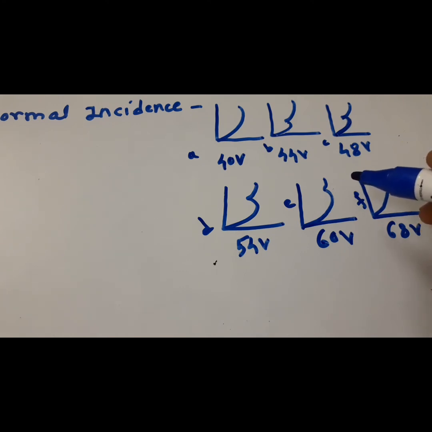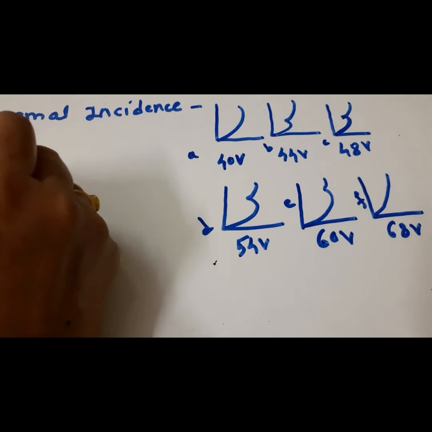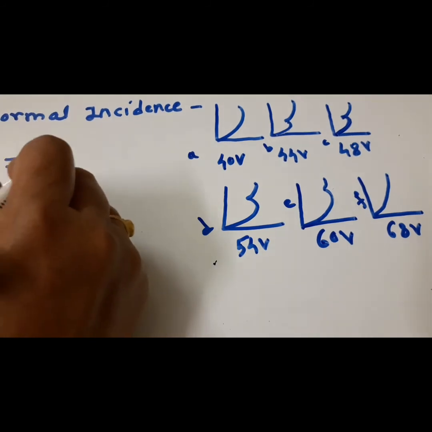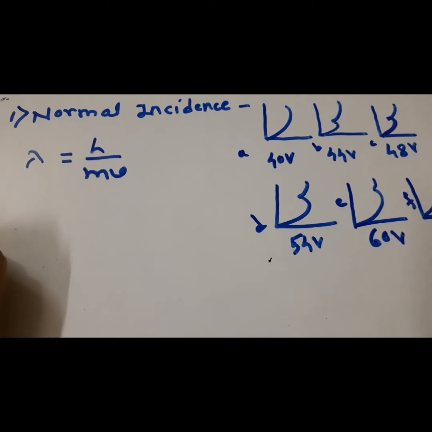According to de Broglie, lambda is equal to h upon mv.